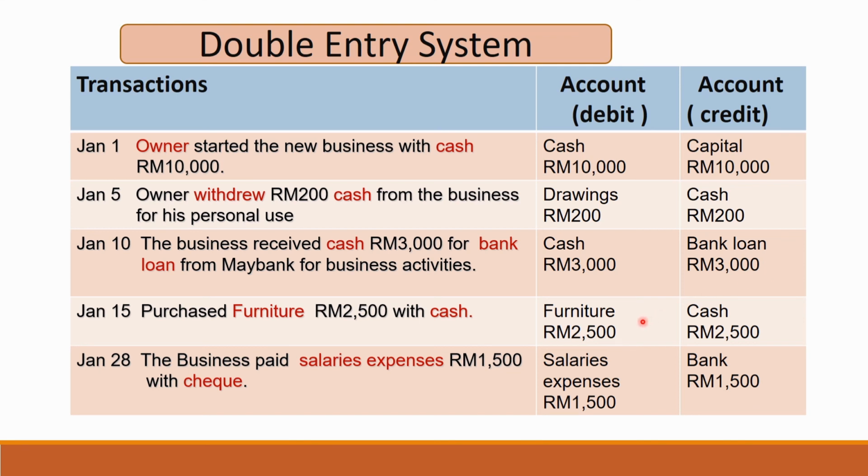The fourth one, debit furniture, 2,500 and credit cash, 2,500. And the last one, debit salaries expenses and credit bank. This one will follow the double entry system where one transaction must involve at least 2 accounts.